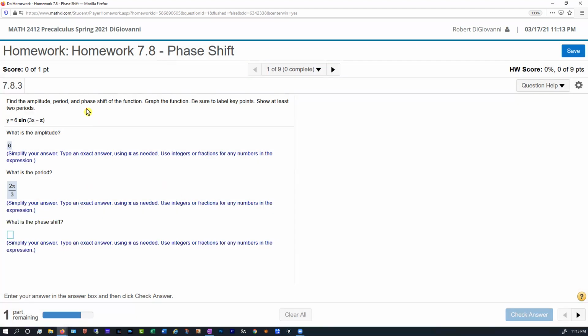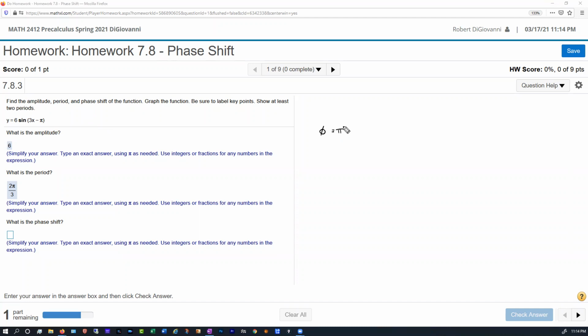Okay, and then they want to know the phase shift. So for phase shift, we have to figure out what phi is. Remember there's a minus here, so phi here would be pi, okay?